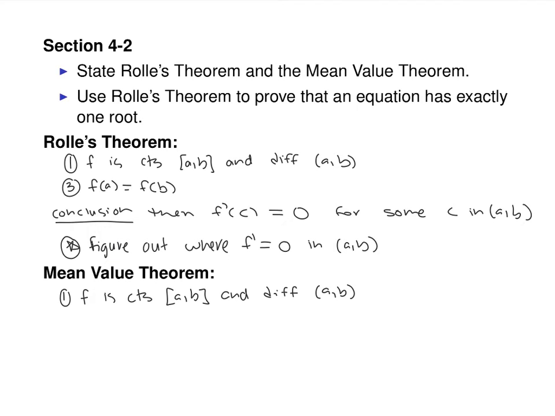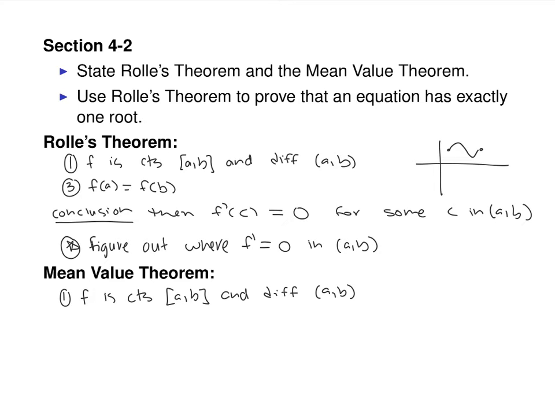And that might just be one number, there might be many, but those are the places where the conclusion is met. And the picture there is that if your endpoints are equal, the y values, your function has to have some kind of turnaround point in the middle where the tangent line is horizontal. That's what this is saying. So the numbers that satisfy the conclusion of Rolle's theorem is just saying, okay, what numbers give the derivative being 0? That's all.